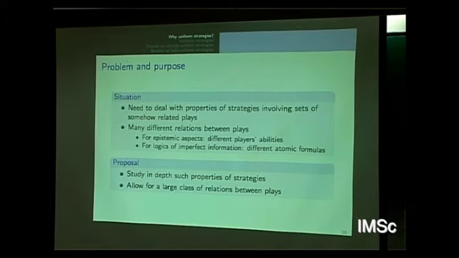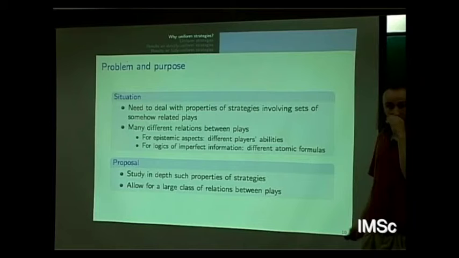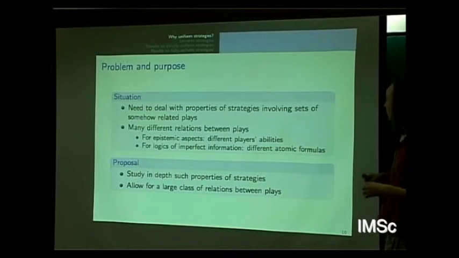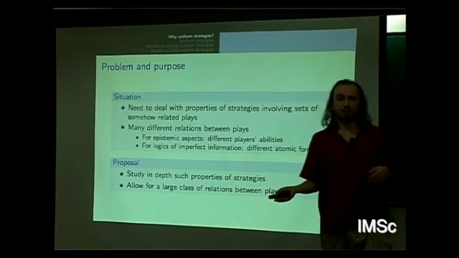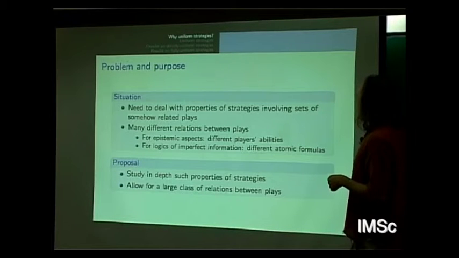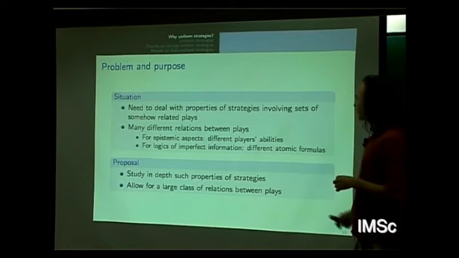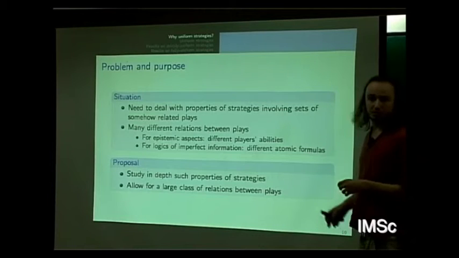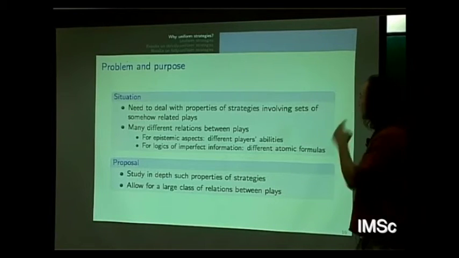So now we see that in a number of cases you want to deal with strategies that have properties that involve sets of plays related by some means. And you have many kinds of relations between plays that you may want to consider.